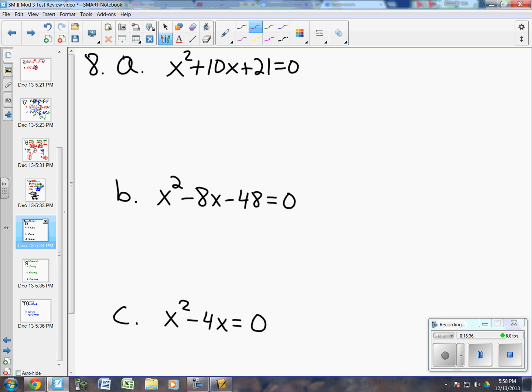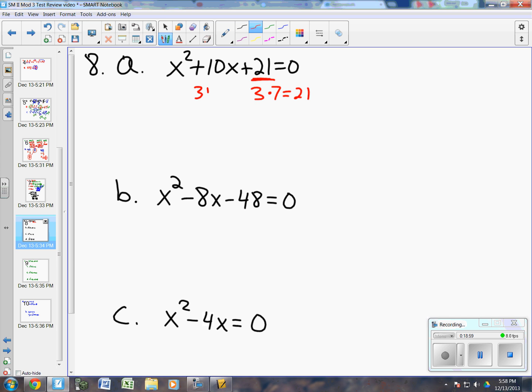This one is asking us to solve each quadratic equation below. And what I mean by that is use whichever method you think is best. You can use the quadratic formula on this one. However, this one factors pretty easily. We know that two numbers we can multiply together and get 21 are 3 times 7 equals 21, right?